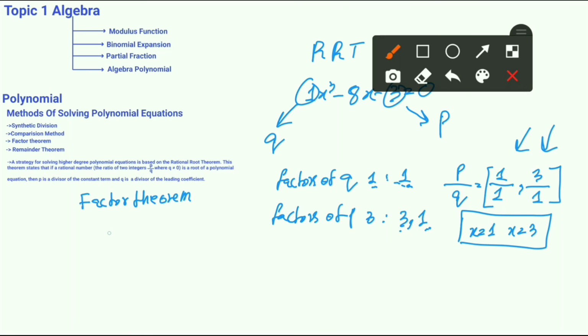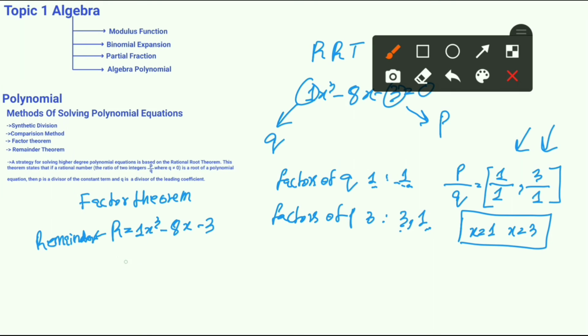Factor theorem is basically you put the values of x into the equation, and if the result is 0, then it's confirmed that that value of x is the root of the equation. So we have the equation r is equal to x cube minus 8x minus 3, where r is known as the remainder.